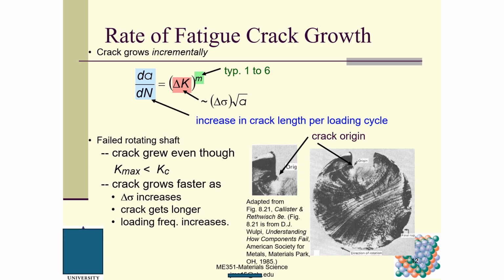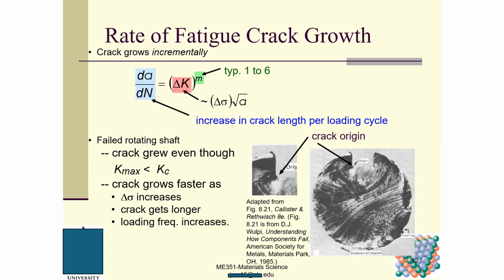Why is there a range? Because you apply a cyclic load, which has a maximum value and a minimum value. And so this delta K is proportional to this, because there is another factor called the geometry correction factor lambda, or called Y. For convenience here, we just list this as a proportional relationship.